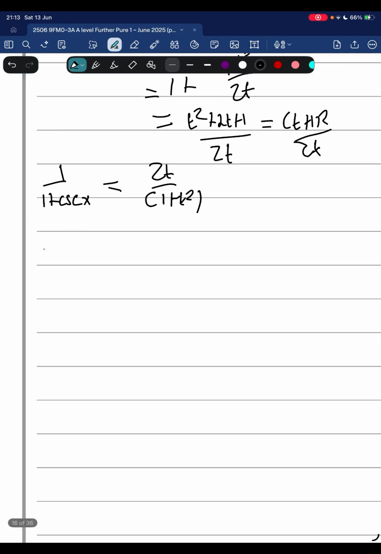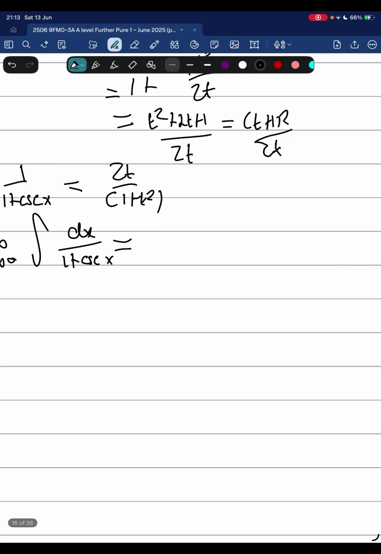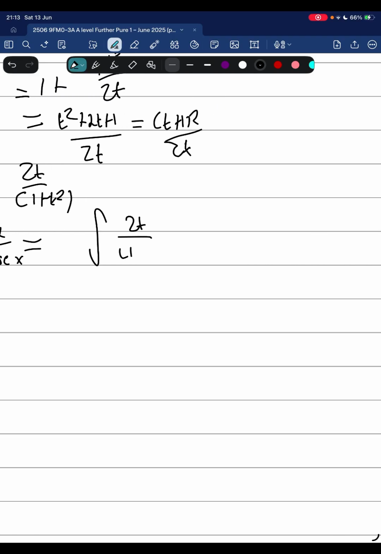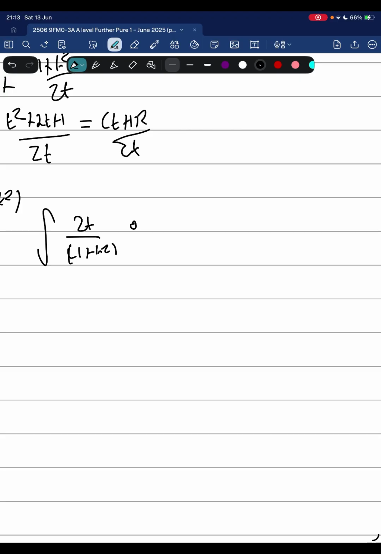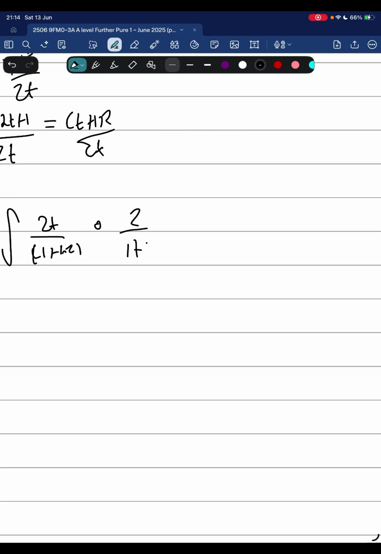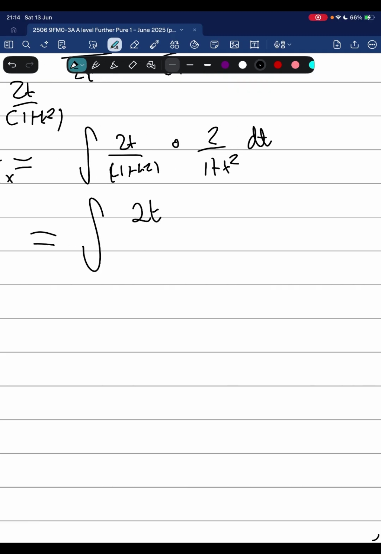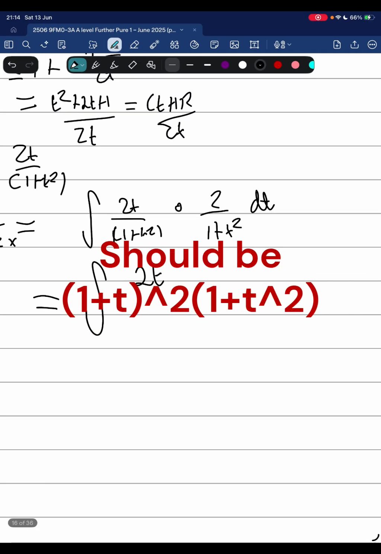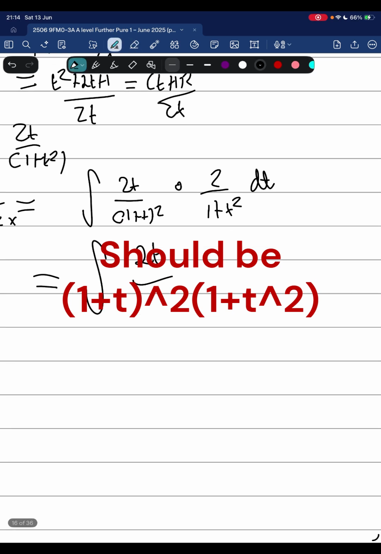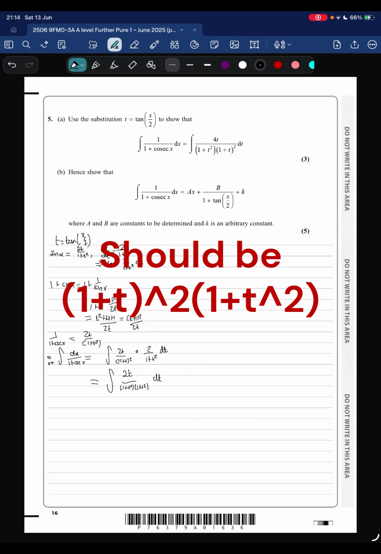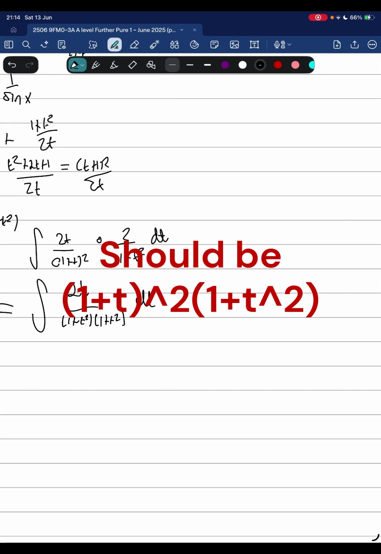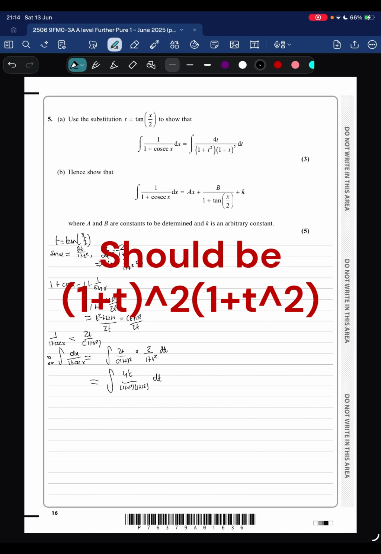So that means the integral of dx over 1 plus cosec x is going to be the integral of 2t over (1 plus t squared) times 2 over (1 plus t squared)... wait, no, I read that wrong, of (1 plus t) all squared, dt, and, wait, 2 times 2 is 4, sorry, and that's what I want to show in part A.